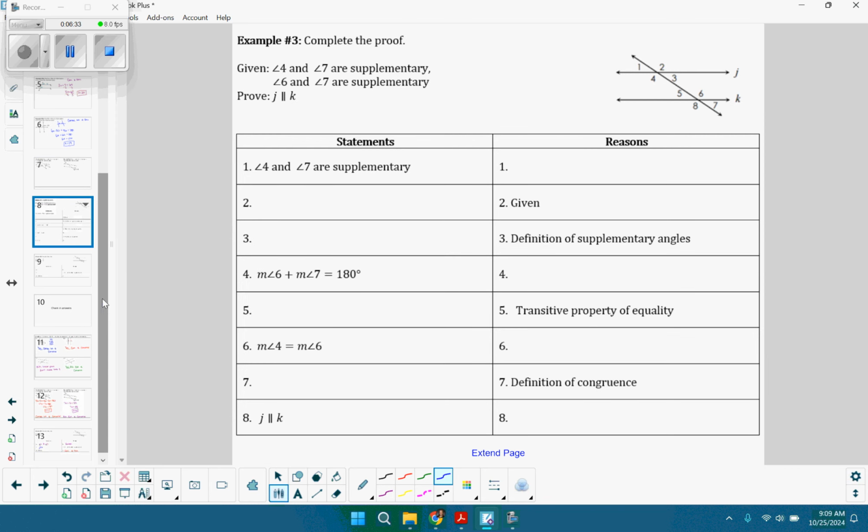So now we're going to look at a proof. So for this proof, we are given that angle 4 and angle 7 are supplementary. And we are given that angle 6 and angle 7 are supplementary. And I noticed step 2 also has the word given.